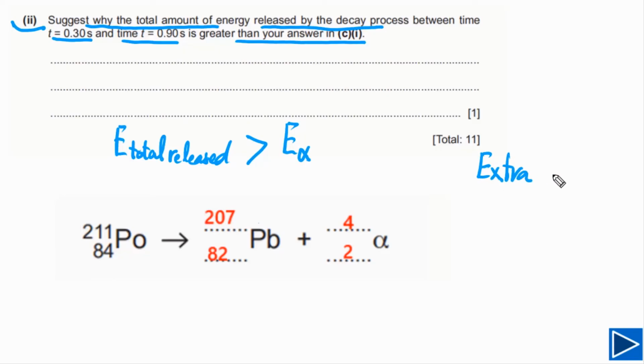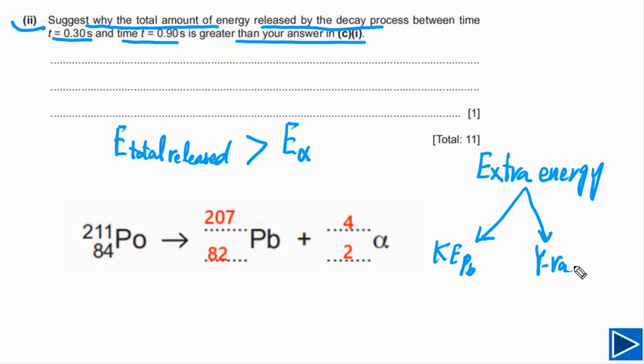First of all, the extra energy in fact becomes kinetic energy of the Pb nucleus plus gamma photons, or gamma radiations. In any decay, gamma radiations are always emitted. So the extra energy has gone to the kinetic energy of the lead nucleus and in the form of gamma radiations.